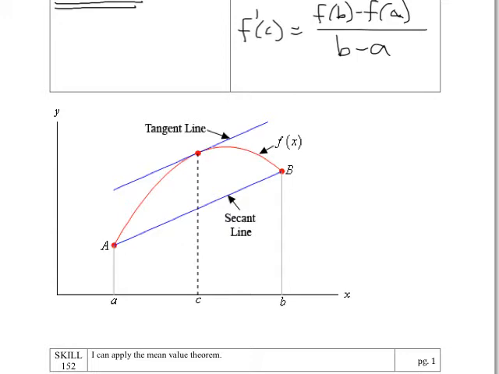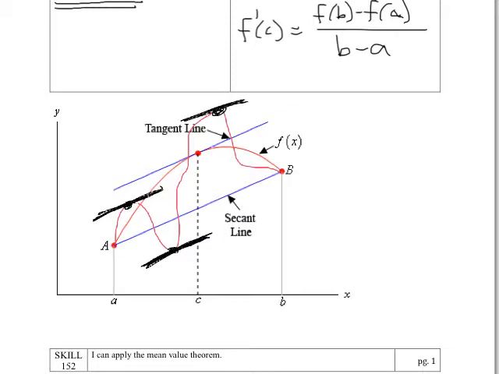So regardless of what the curve looks like, your curve could be doing some crazy thing like that, there will be at least one tangent line somewhere on that curve that has the same slope as the secant line. In the curvy one that I drew, we actually have three instances that I see.